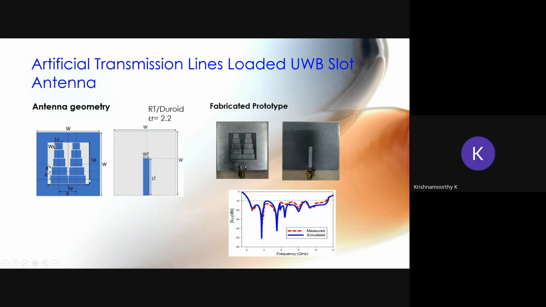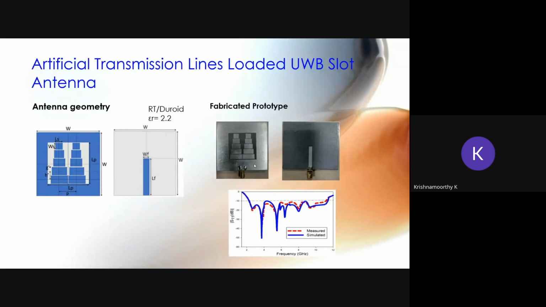Each transmission line gives different resonances, as shown in the return loss characteristics of the antenna. We have multiple resonances, and the resonances are close to each other, so that we can get the ultra wide band characteristics of the slot antenna here.